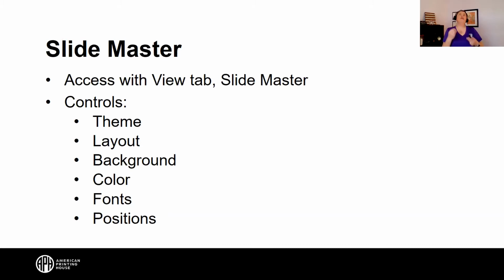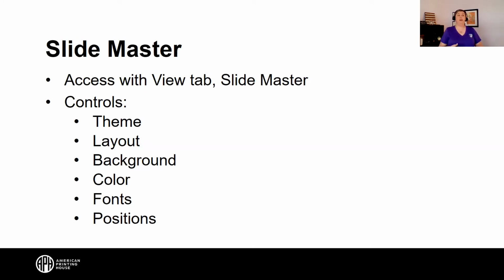If you really like a theme that you see out there, but you want to globally change the font type, the font size, or even some of the contrast, you can actually use something called a slide master. And we'll get into this in a minute.